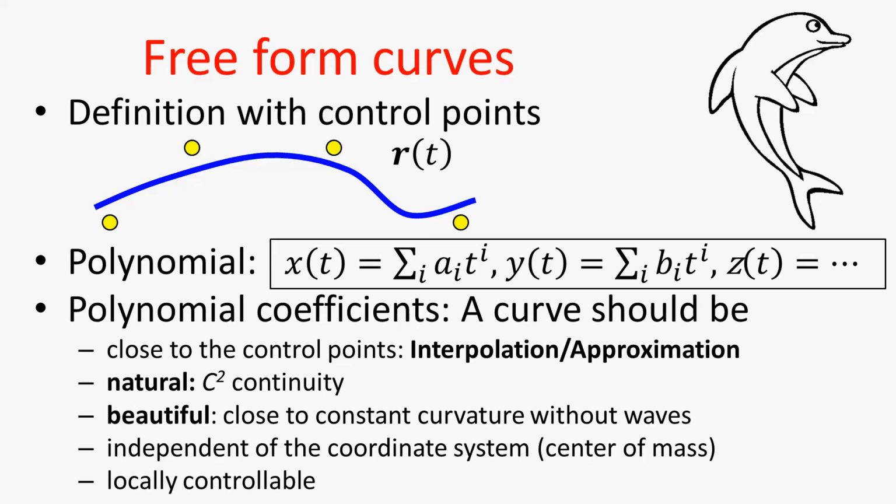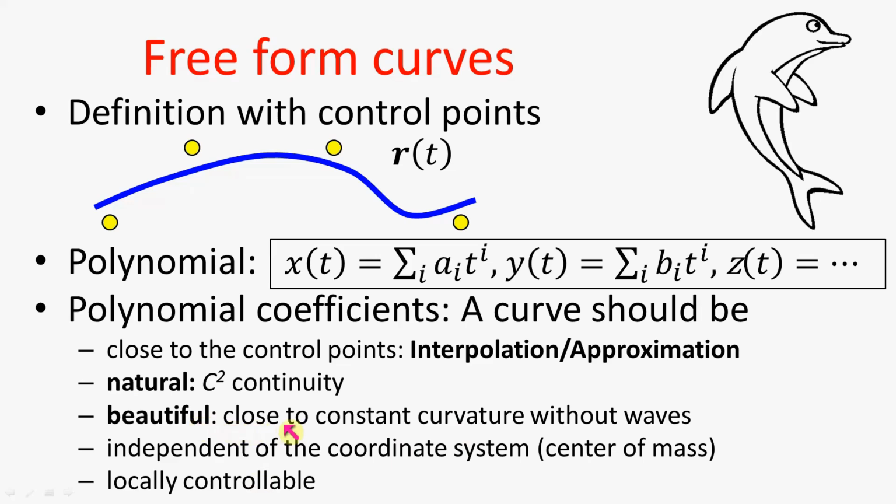So the force is a continuous function, so must be the second derivative of the path. It means that from the point of view of natural curves, we should also expect this second order continuity, which means that if we compute the second derivative of the function, the second derivative must still be a continuous function.